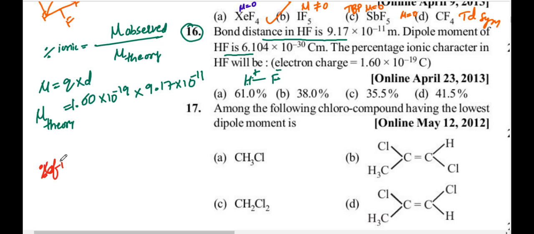Percentage of ionic equal mu observed. How much is it? 6.104 into 10 power minus 30 upon 9.17 and 1.6. So approximately, 16 nines are how much?